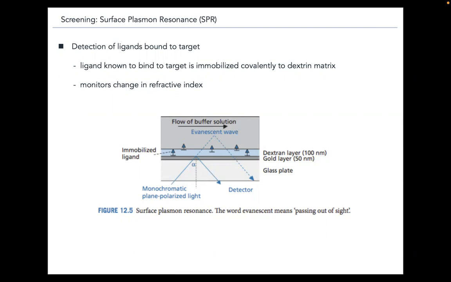And then if there's a binding event, you're shining light on that plate, and you start to see changes in the refractive index. That's monitored on a computer. It shows up as small waves, which I think is really neat. I would say it's a less popular one now, but it definitely was really popular even like 10 years ago.